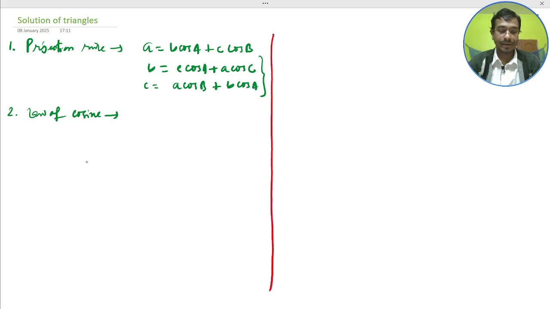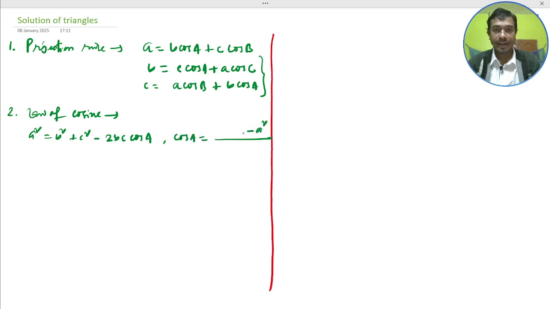Next one, the law of cosine. a square equals b square plus c square minus 2bc cos A, and cos A would become b square plus c square minus a square, keep in mind, by twice bc.